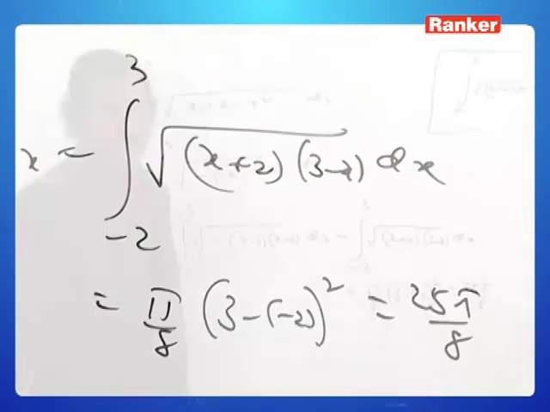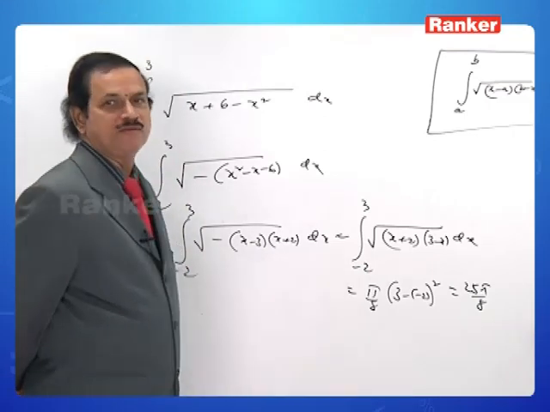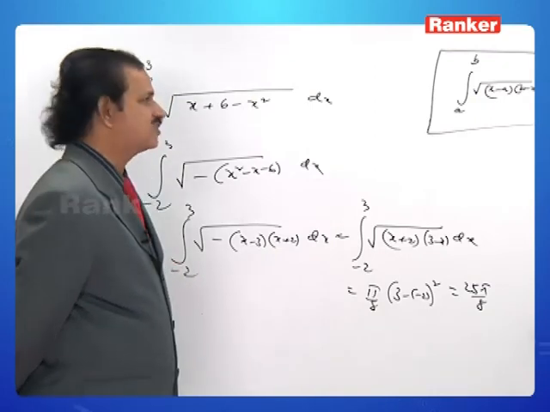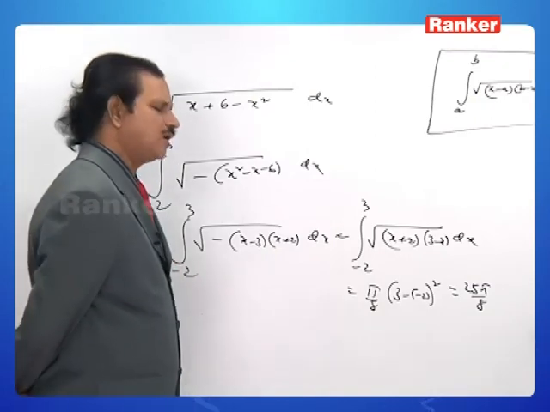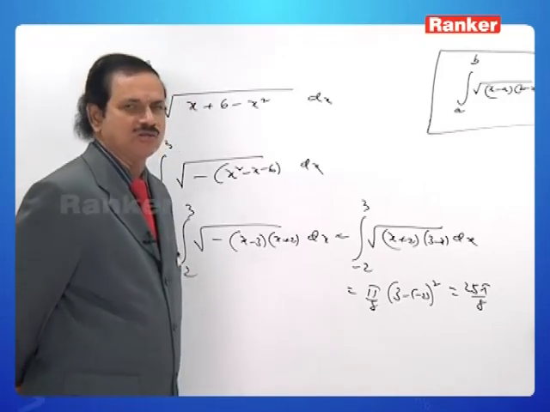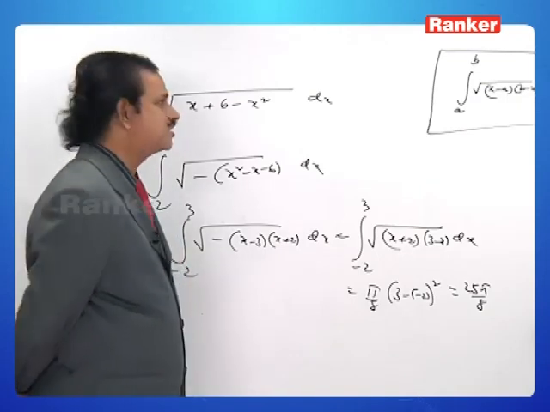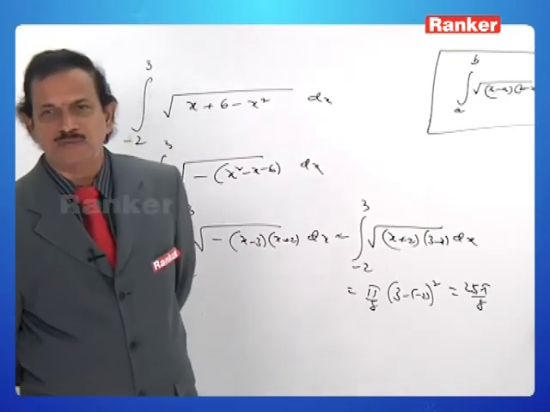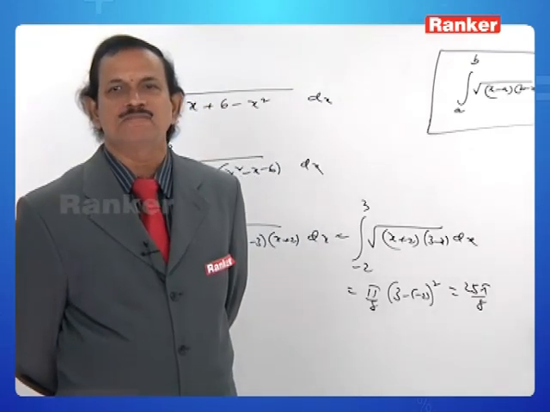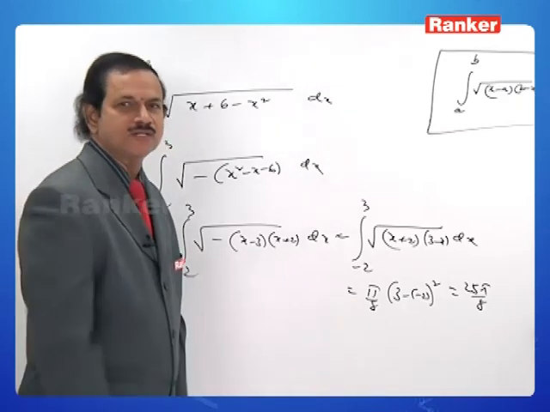So, if in the given problem the integrand is not in the standard form, by factorization or any other source, you can bring that into standard form, so that the answer pi by 8 into b minus a whole square can directly be used. You imagine how beautiful it is, how useful it is.